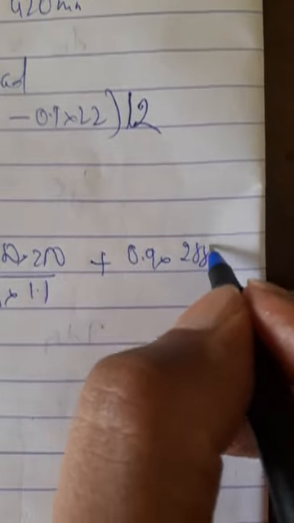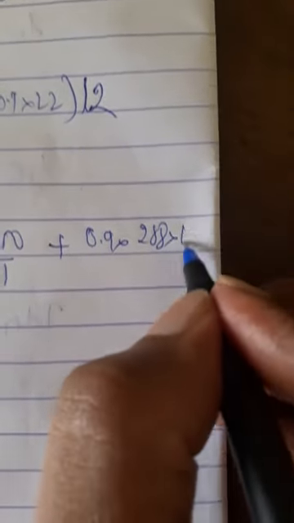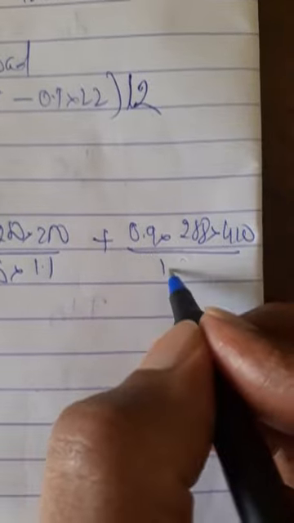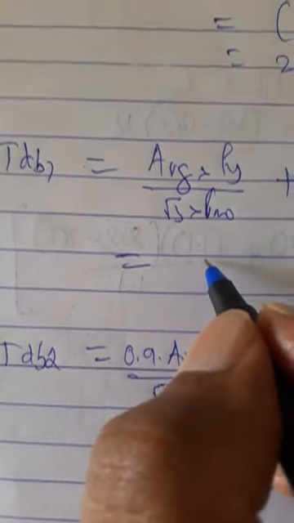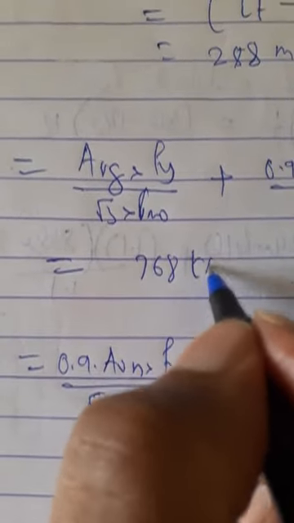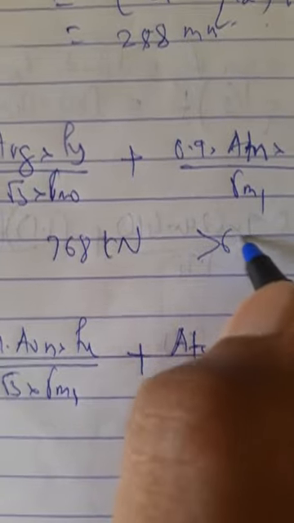Atn is 288 into Fu 410 divided by gamma m1 1.25. Substituting all the values, you get Tdb1 as 768 kilonewtons, and this is greater than 600, hence okay.